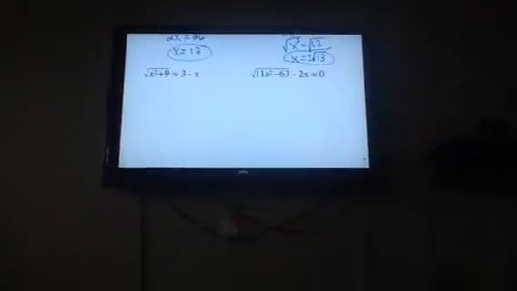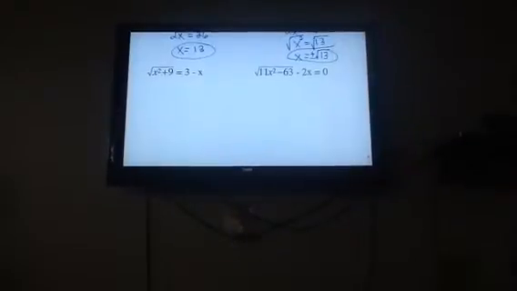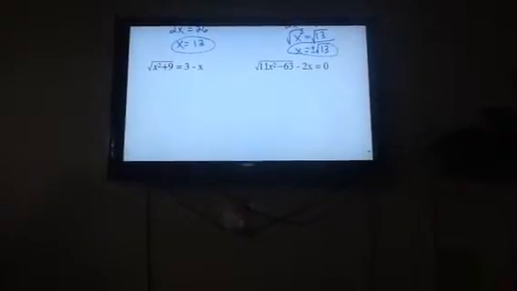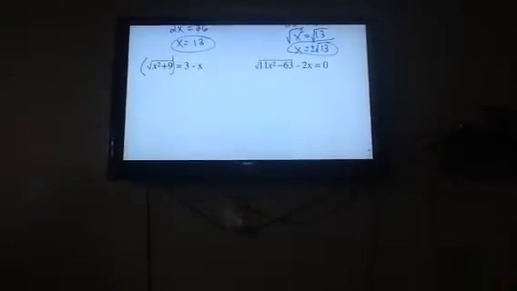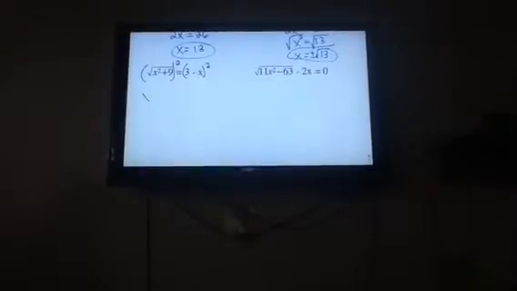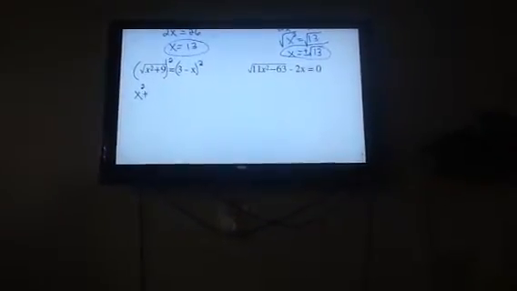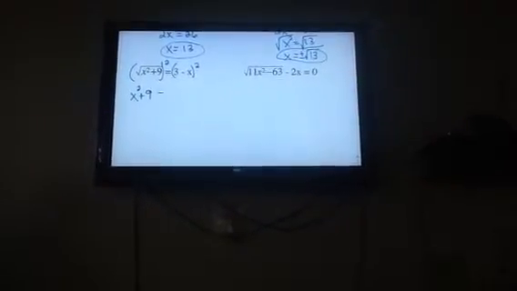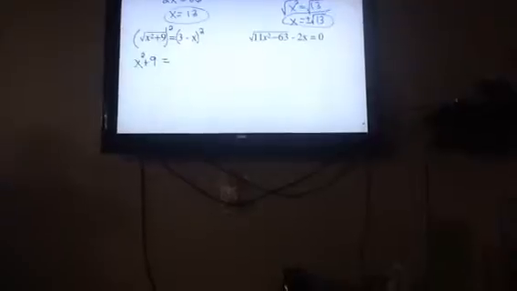Isolate the square root. It is. Square both sides. When I square the square root, you get what's underneath. And here's where we're going to have a problem right here. 3 minus x squared means I'm going to have to FOIL.